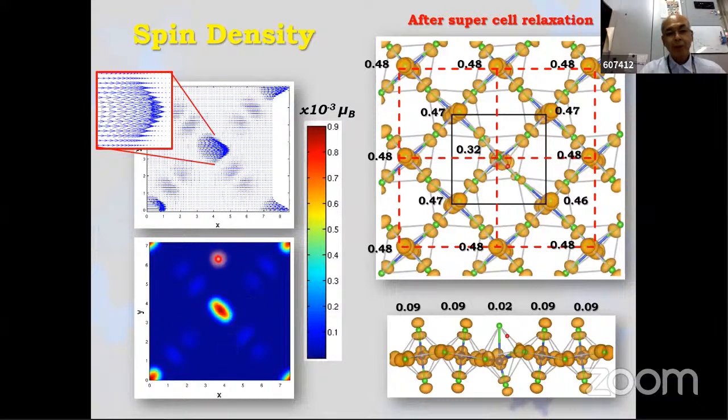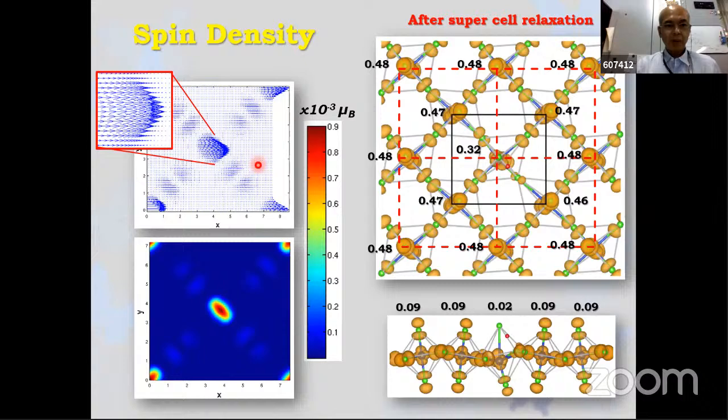But if we calculate carefully using a higher number of mesh, we can see the appearance of the local spin density even on the oxygen position. This is the new finding from the DFT calculations. But 10 years ago, we could not simulate this kind of very tiny magnetic moment, even from DFT calculations.